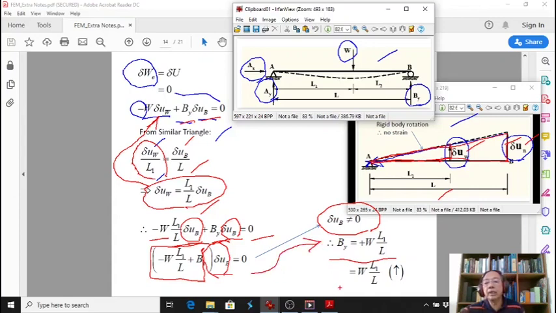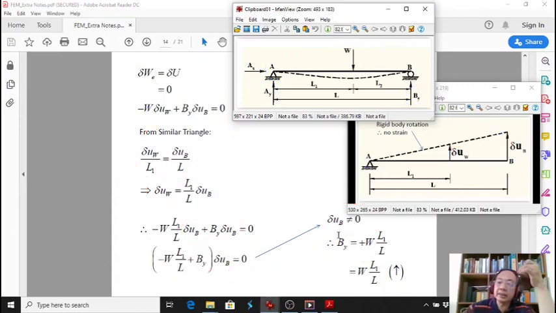We found BY equal to WL1 per L. Because this is positive, this is upward. So this is how we can find the reaction using the virtual work method.